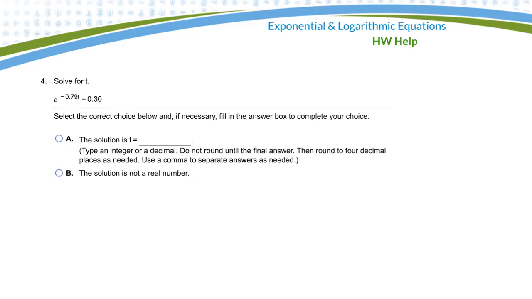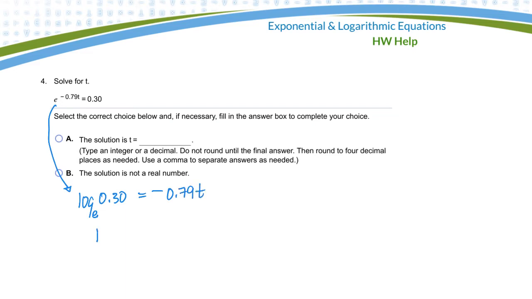Next question, solve for t. A couple of different ways. You could use the property of logarithmic equality, but I think I'm going to change form here. So from this, I'm going to change its form. So the base is e. So log base e of 0.30 is equal to negative 0.79t.